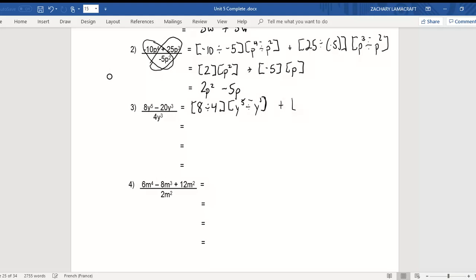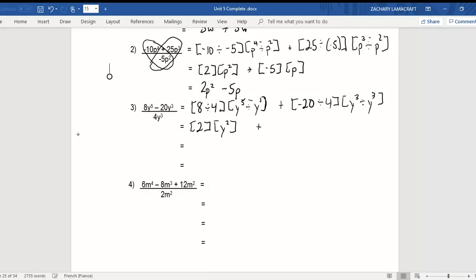And then we have negative 20 divided by 4, and y to the 3 divided by y to the 3. Okay. And if we look at this one, 8 divided by 4 is 2. Y to the 5 divided by y to the 3, we know we just subtract, so it'd be y squared.